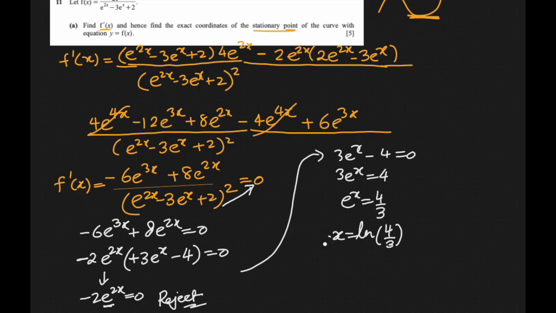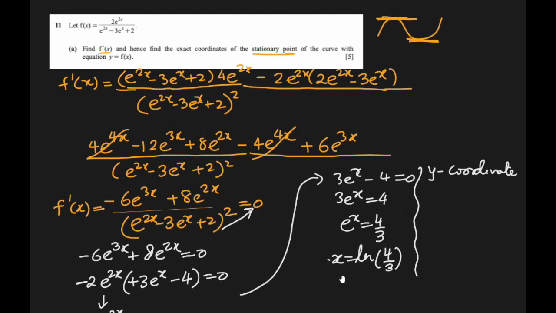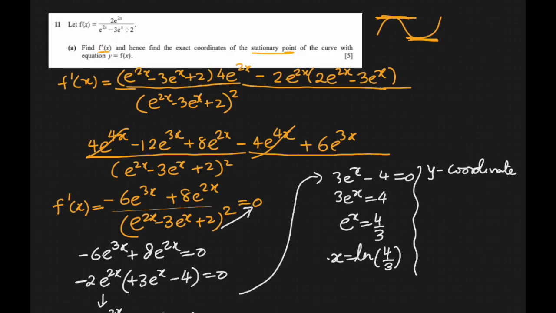Okay, that's the x coordinate. We want to find the y coordinate. And for the y coordinate, we will place this particular value, natural log 4 over 3, into the main equation, which was this.